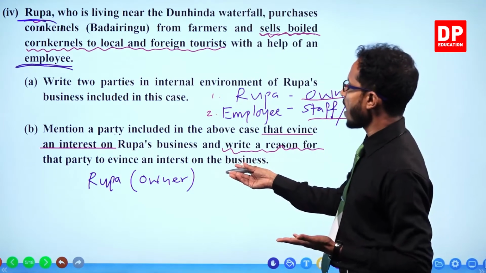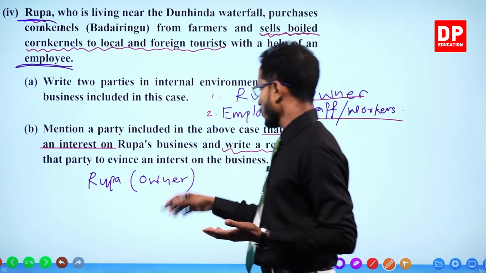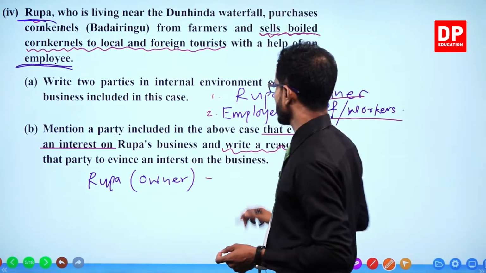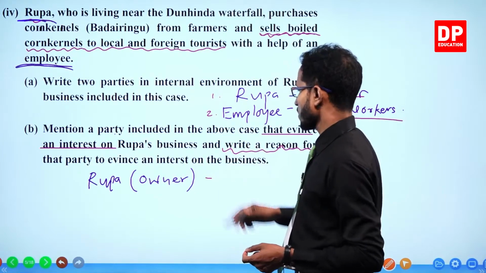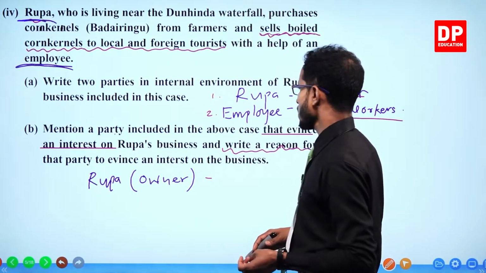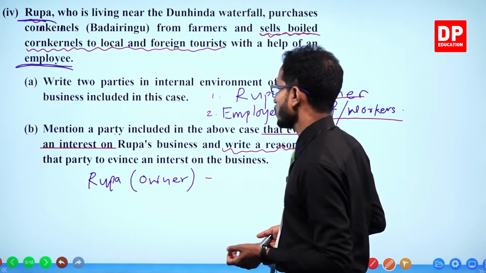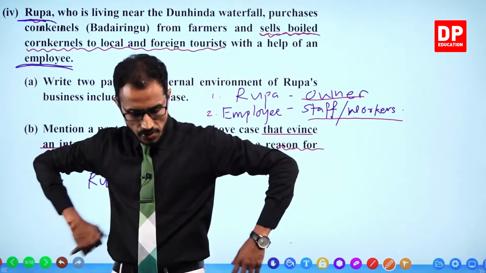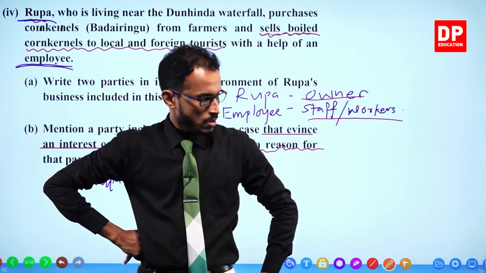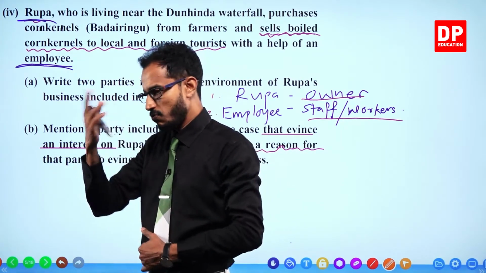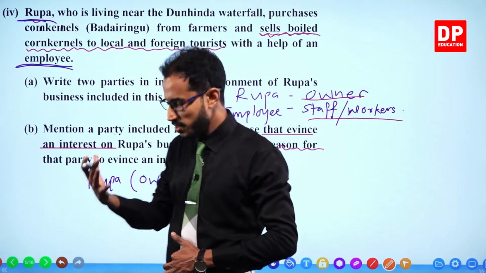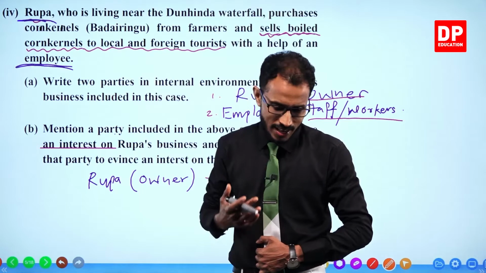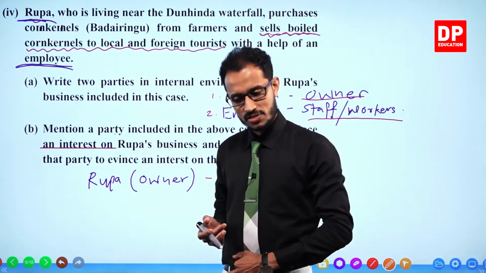Now we mentioned a party, and now we are going to write why this party is interested in this business. Why is the owner of a business so interested in their business?